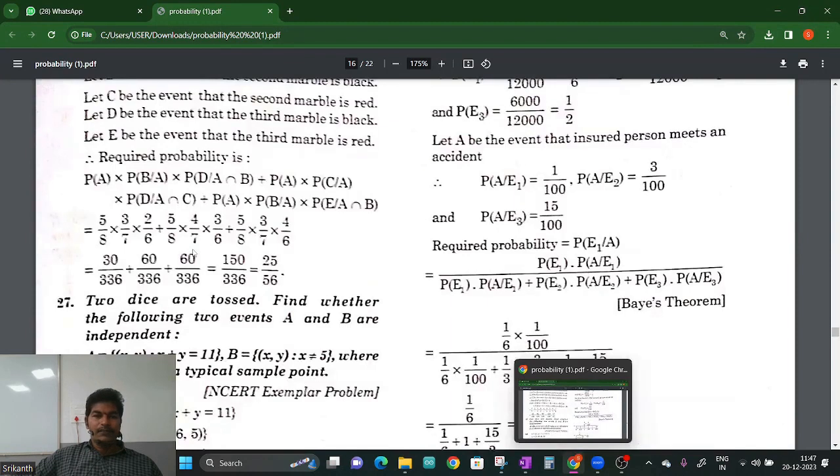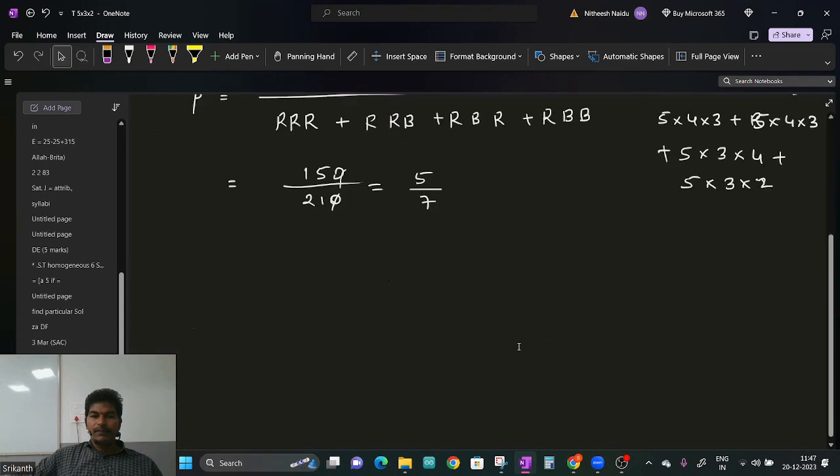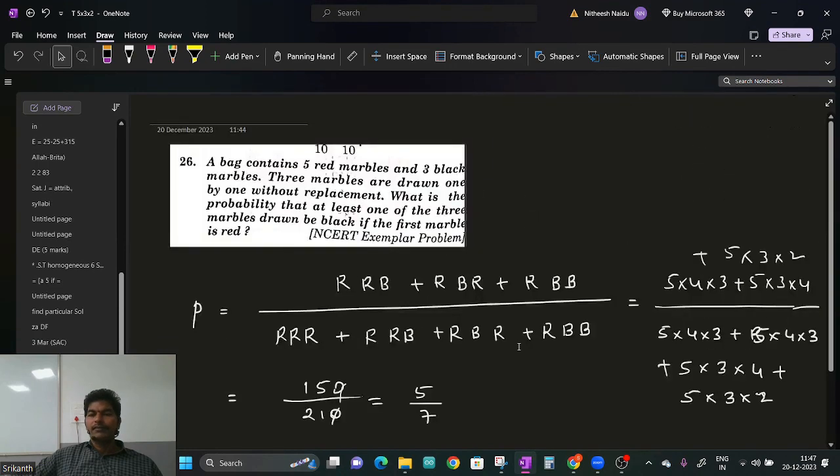Understood? In the previous question, some questions, 150 by 336. Is it 336, the sum? Check one more time, what will the denominator sum be? 5, 4, 3, 5, 4, 3. 3 times 60 is 180. 180 plus 32 is 210 only.